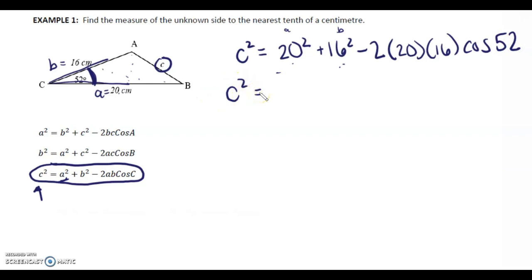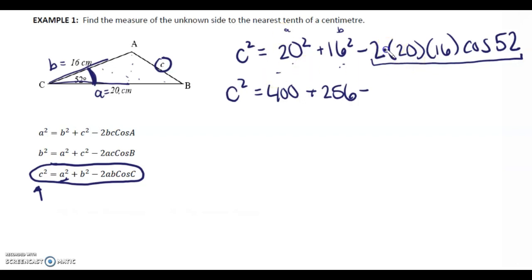Subbing these into our calculators, we get 20 squared is 400, 16 squared is 256, and then don't forget this entire expression here, minus 2 times 20 times 16 times cos 52, that is all one number.